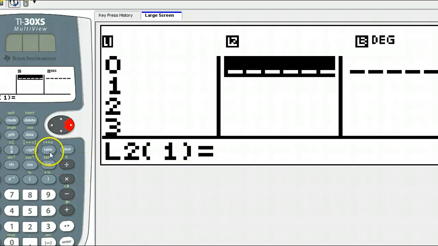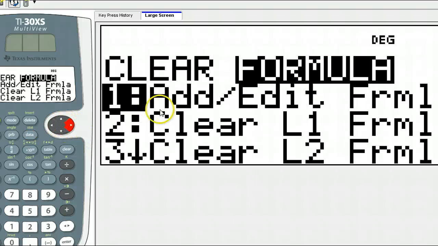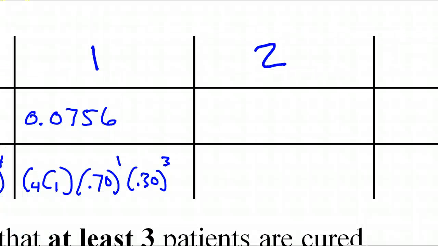Let's just use a formula to give them all to us. Just hit the data button again. It says formula over here, so arrow over, and we want to add one, so just hit enter. Now remember what we've been typing in over and over again, like 4 choose 1. We're going to do the same thing, but we have to generalize it.